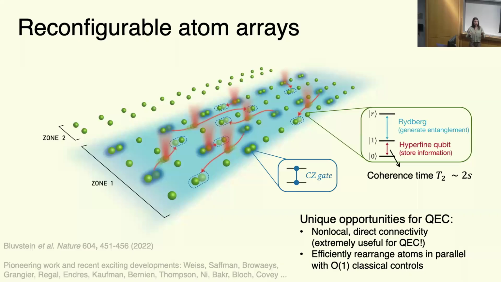This is nice because when we want to do gates, we need to put two atoms close to each other so they can interact. And if we can rearrange them, we can have all-to-all gate connectivity between our atoms. This is actually super useful in the context of quantum error correction, which I'll describe.